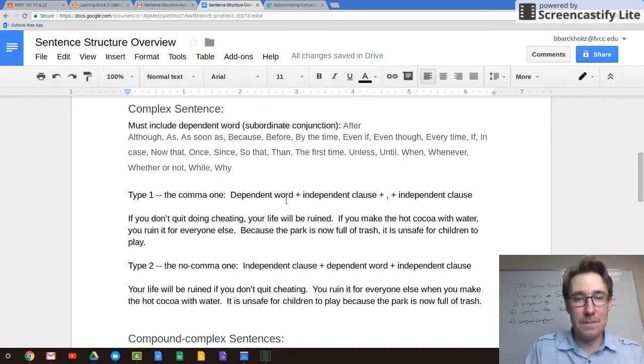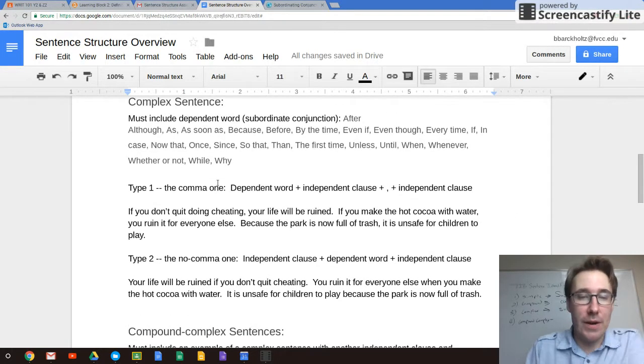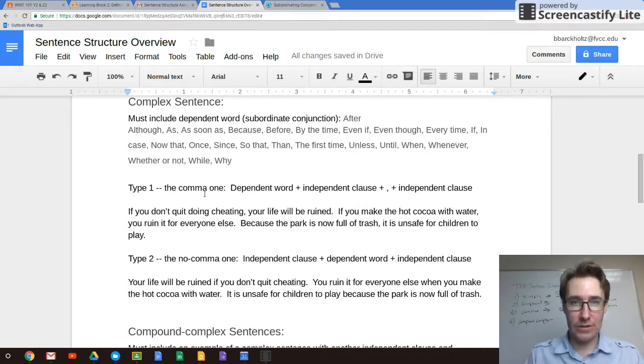Here are some examples. Oh, and there's a second part here too. Type 1, the structure of it, requires a comma. Type 2 does not require a comma. It depends where the dependent word occurs. If it occurs first, then it needs a comma.